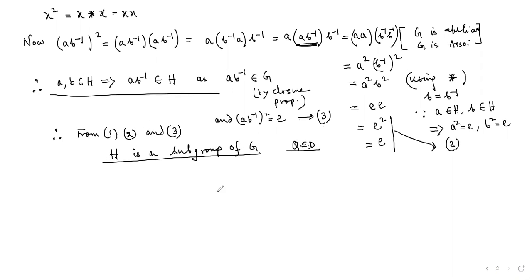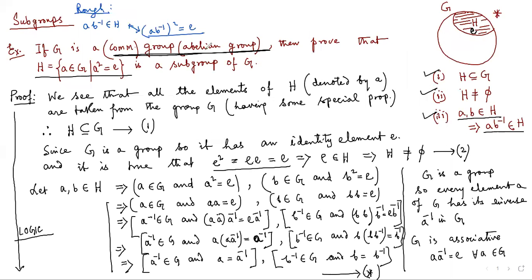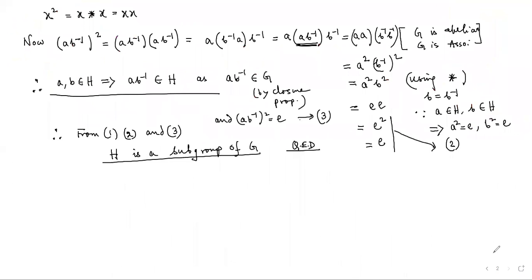Now, what will happen? Just try to look at this. What will happen if you do not consider this property? If I cancel this property, if I do not say that capital G is a commutative group, then you can proceed as usual, no problem with that. But when we come to this point, let us put some marker over there, then we cannot do this step, because this rearrangement is only possible if capital G is commutative.